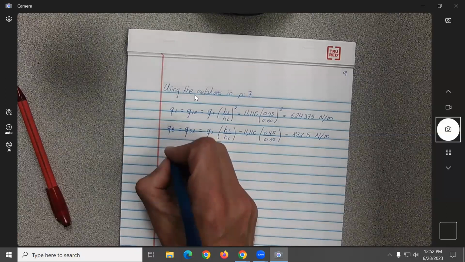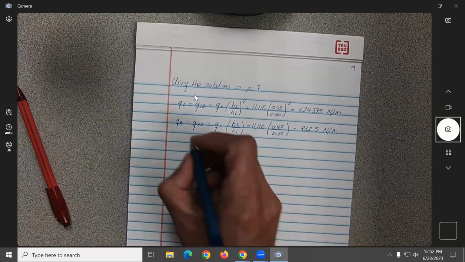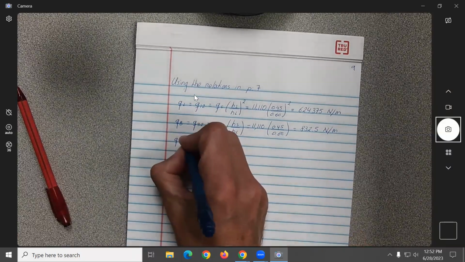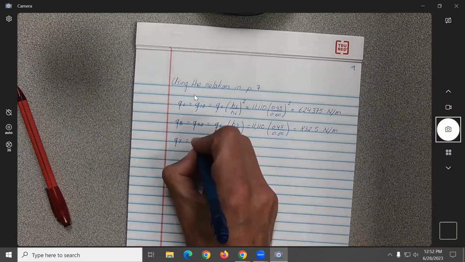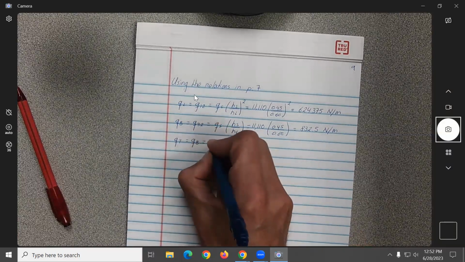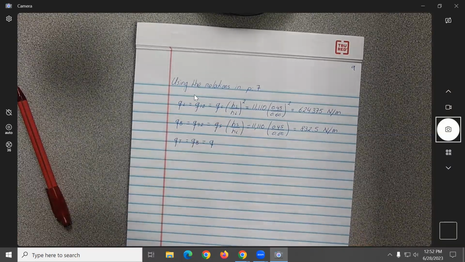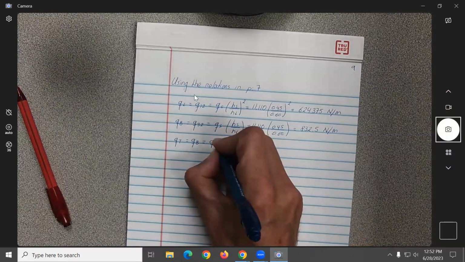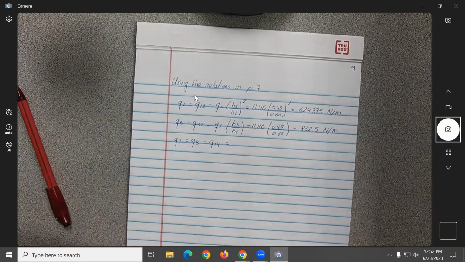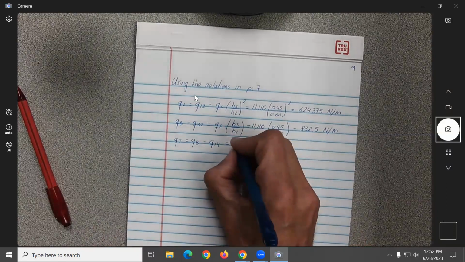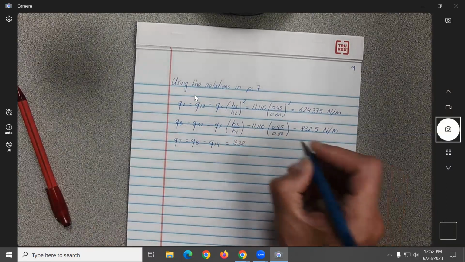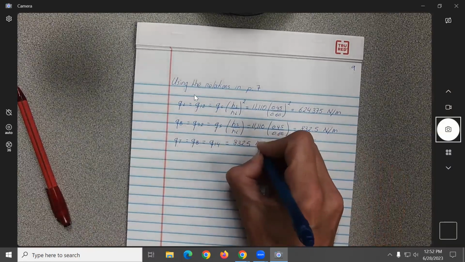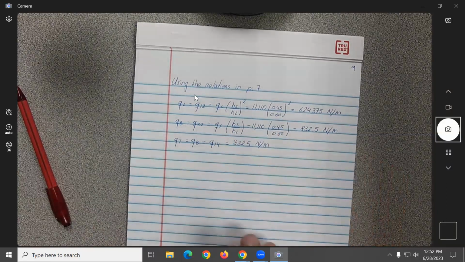And finally, we know that Q top is equal to Q bottom, and this should be Q14, no? So this one is equal to 832.5 newtons per meter.